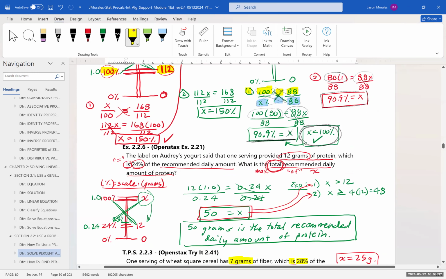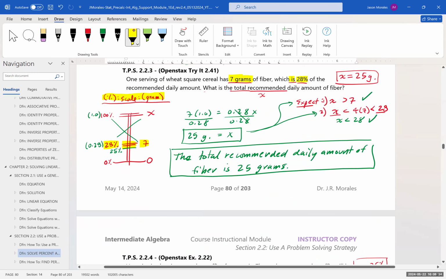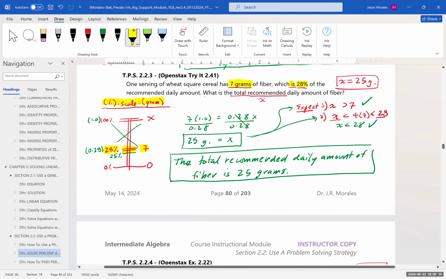So instead of using the word of to associate something with 100%, well, 100% relates to the total amount. It's just another way of saying the total amount, the 100% amount. And that is the amount that's unknown. So our unknown number of grams is associated with 100%, and that's what we're tasked to find.